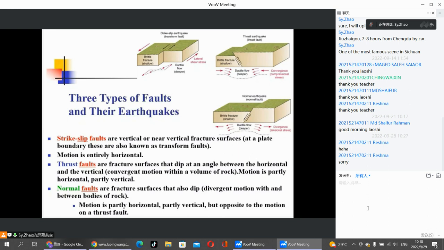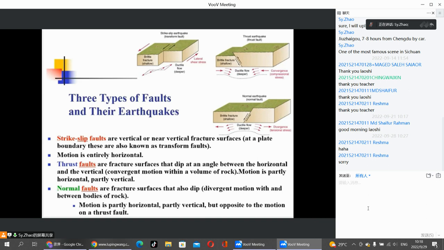Now I will further introduce the types of faults and earthquakes. Here, three types are listed below. The first one is strike-slip faults, which we have already talked about, so now we can review it.